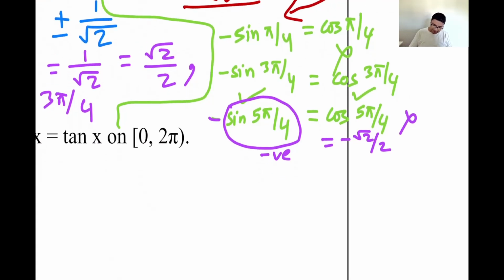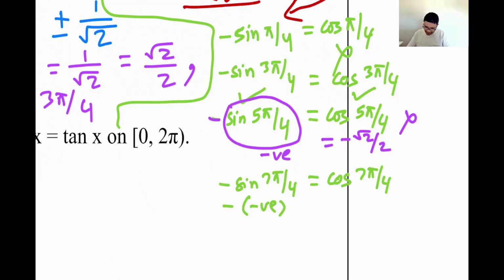And finally, if you go to the fourth quadrant, you get minus sine 7 pi over 4. Now that is negative of negative. It will be positive, equals cos 7 pi over 4.